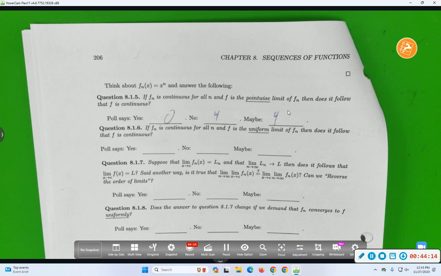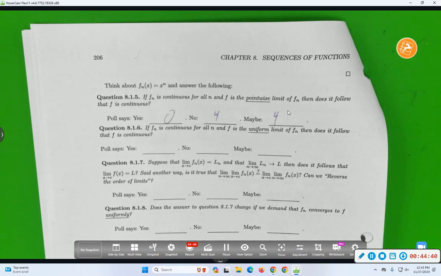Well, how about this? We have an example already. The sequence of functions we just proved this proposition about, x to the n: for every n, is that function continuous? Does it converge pointwise to a limit? Is that limiting function continuous? No, it's got this jump at 1.